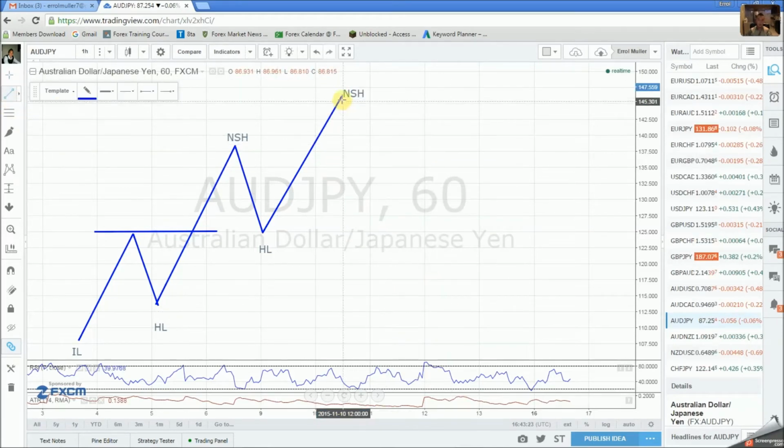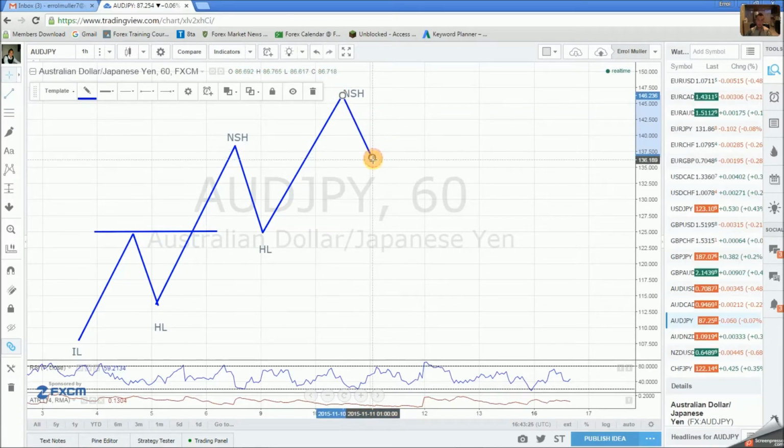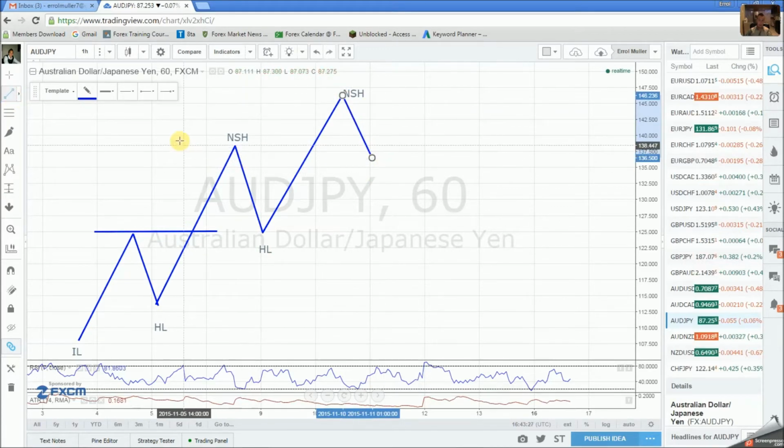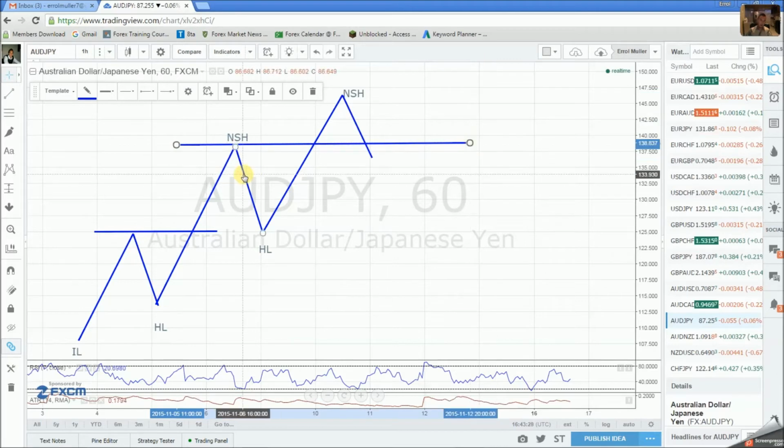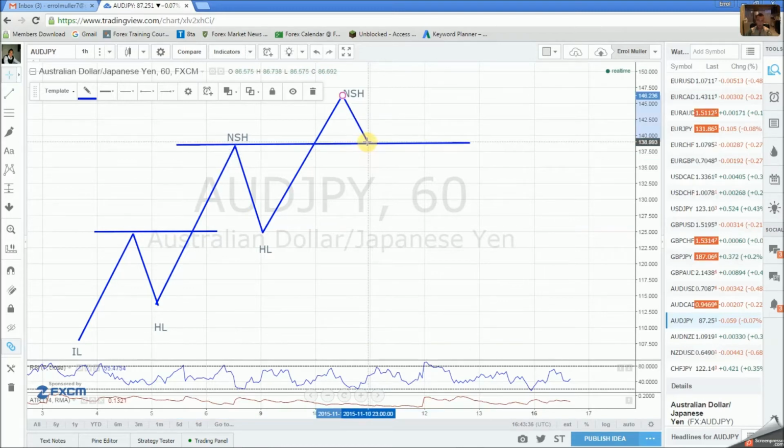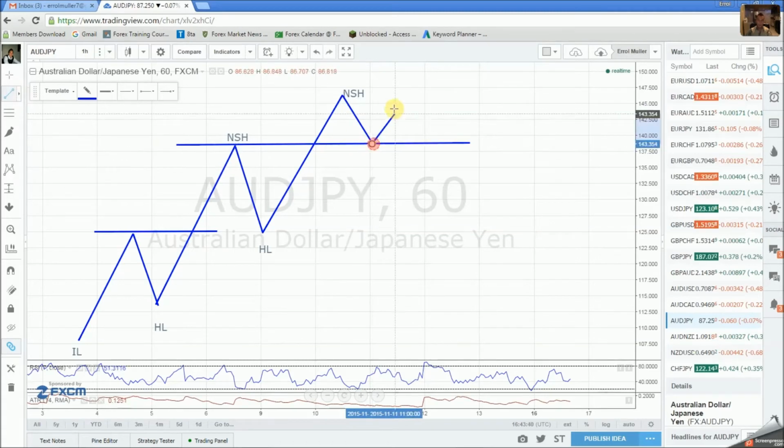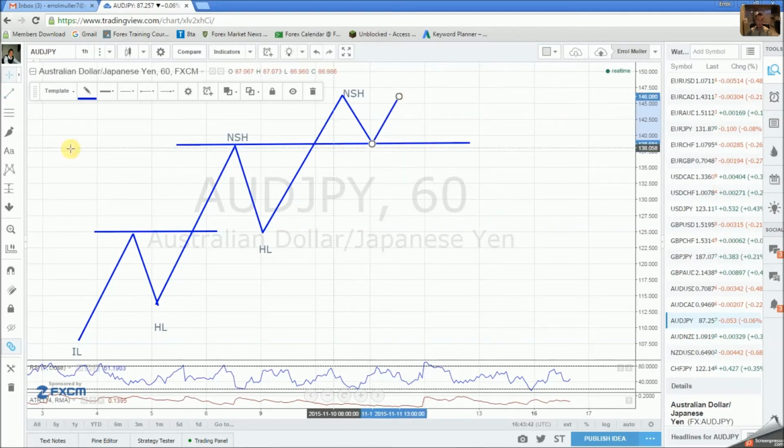So from here on, we get another retracement, another pullback into what used to be previous structure resistance, which now becomes structure support, and we managed to get a double top, something looking like this.